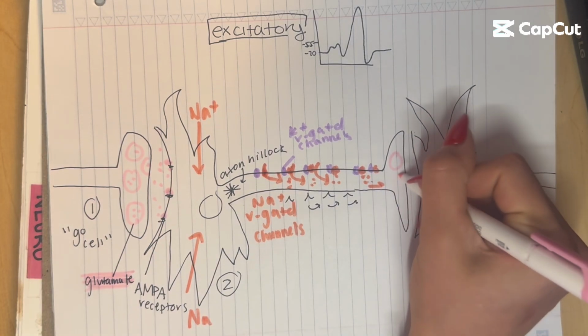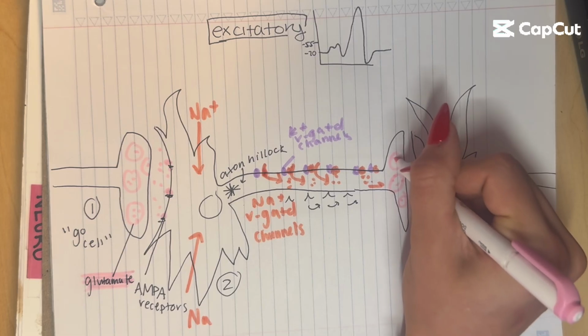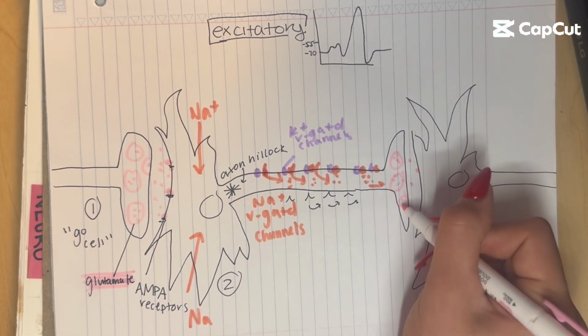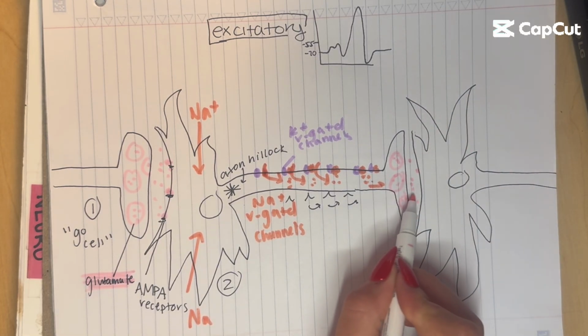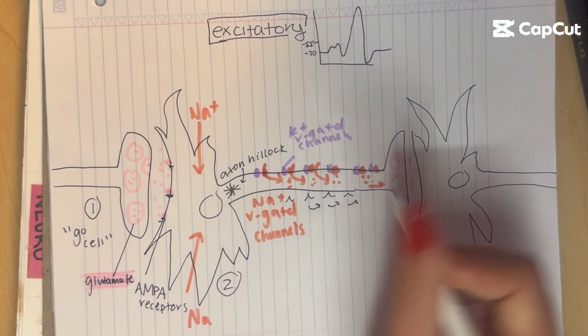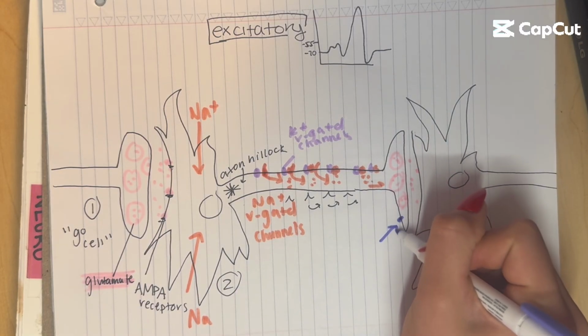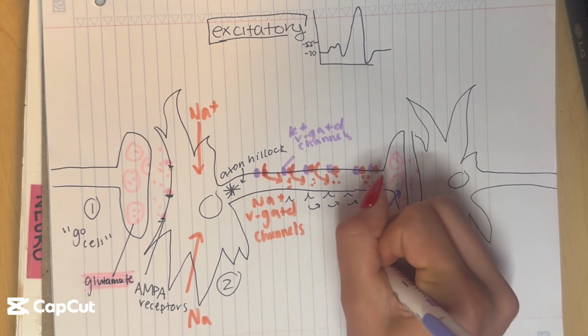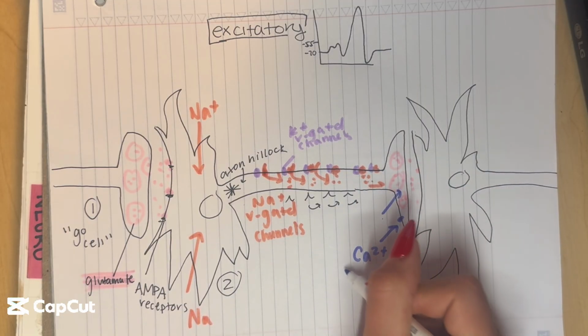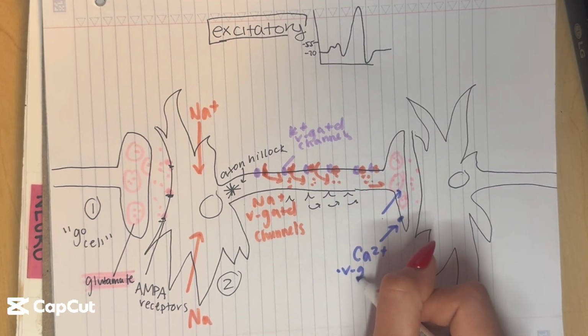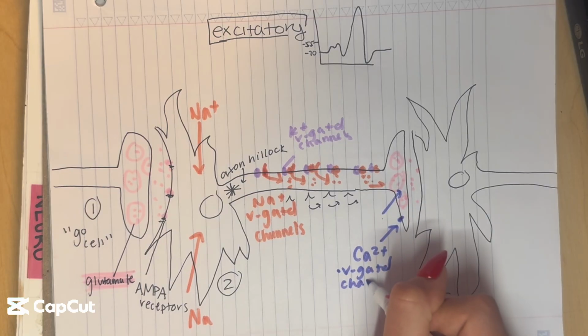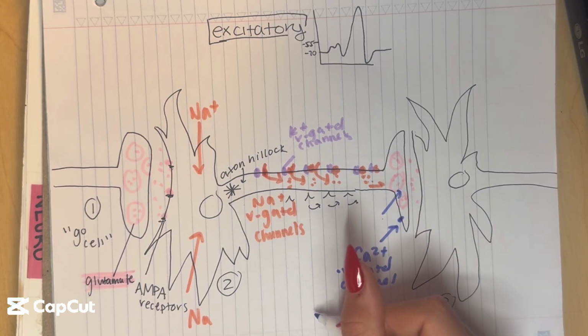Now, by the time it gets to the end of this terminal, because it's excitatory, there's going to be more glutamate neurotransmitters. The way that these are then released across the synaptic cleft is through calcium, which is shown here in dark purple. The calcium will bind onto something called synaptotagmin.